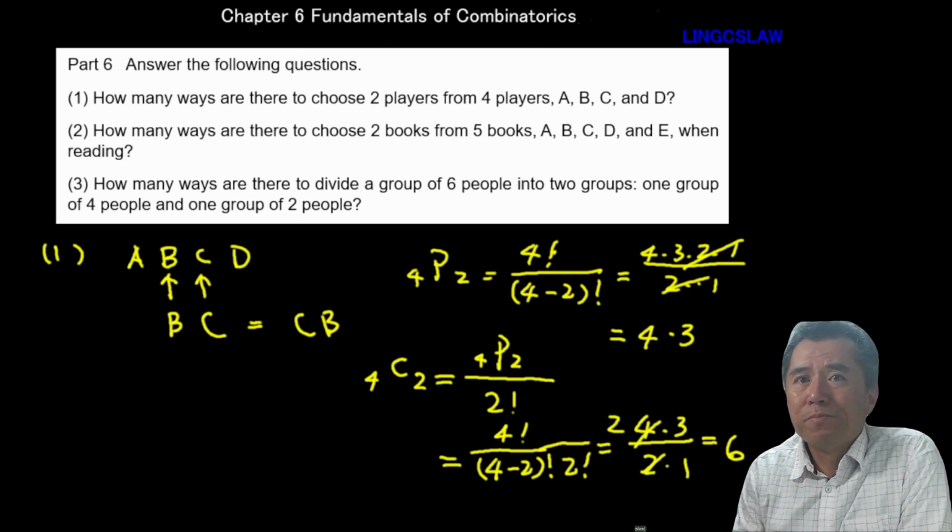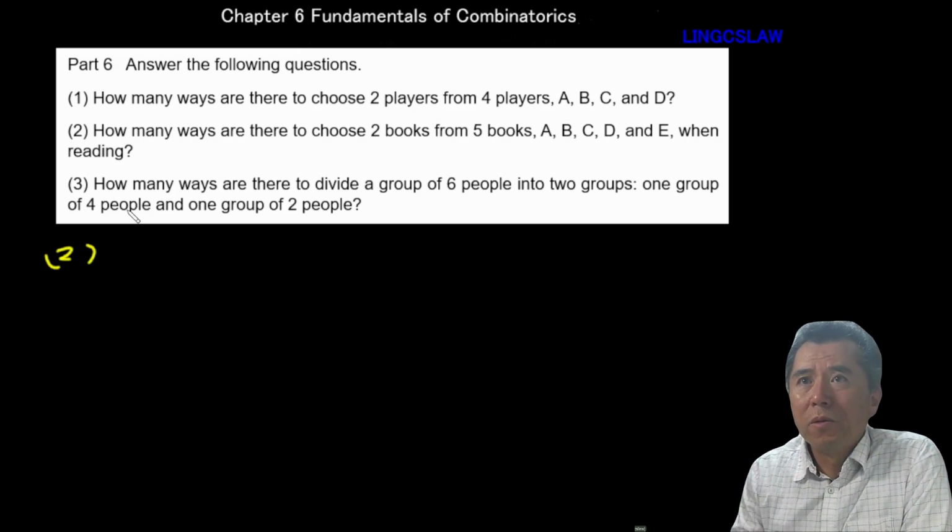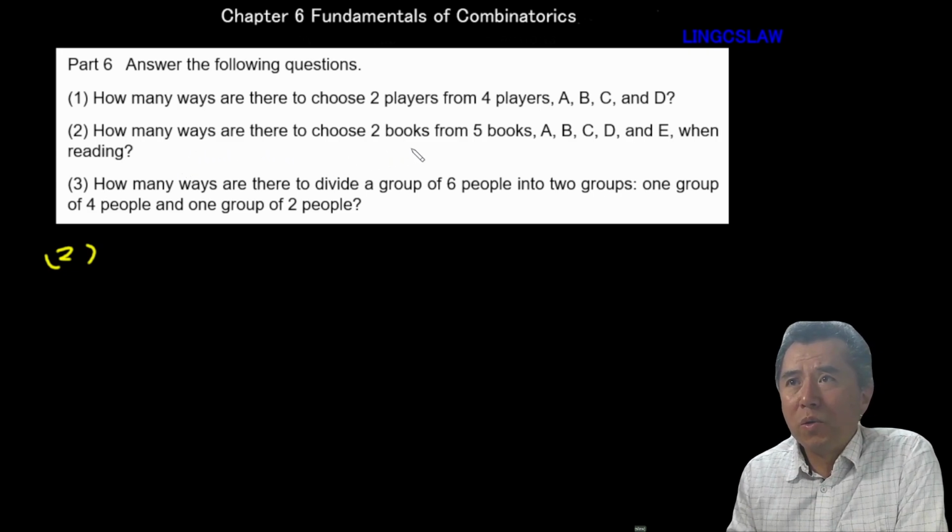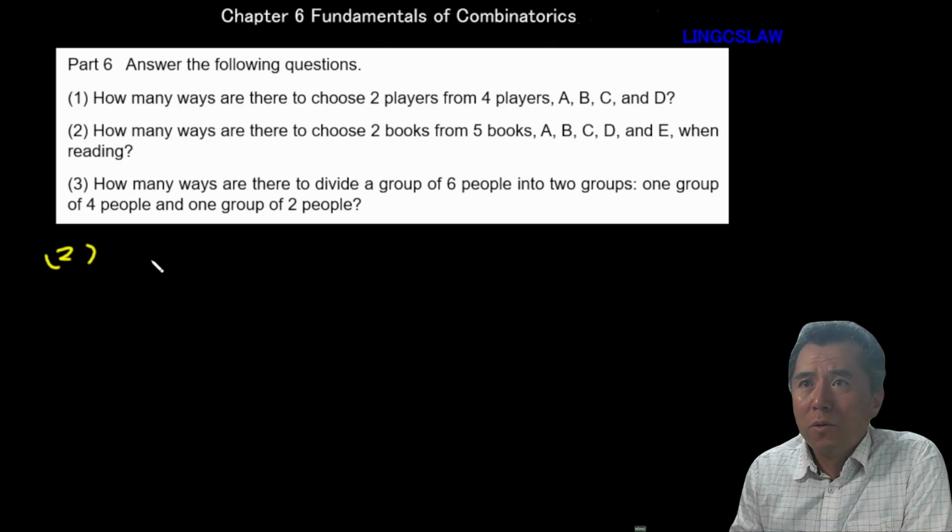Number 2. How many ways are there to choose 2 books from 5 books A, B, C, D, and E when reading? So this is a similar one.